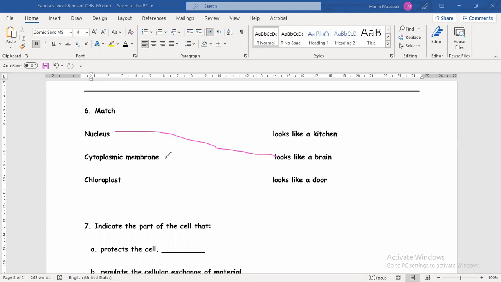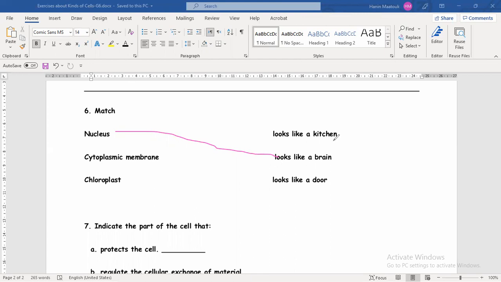Cytoplasmic membrane, as we studied, regulates the cellular exchange of material of the cell. So it lets in all the needed material such as nutrients and oxygen, and removes the wastes such as carbon dioxide. Now, which one allows the entrance of things and the exit of others?